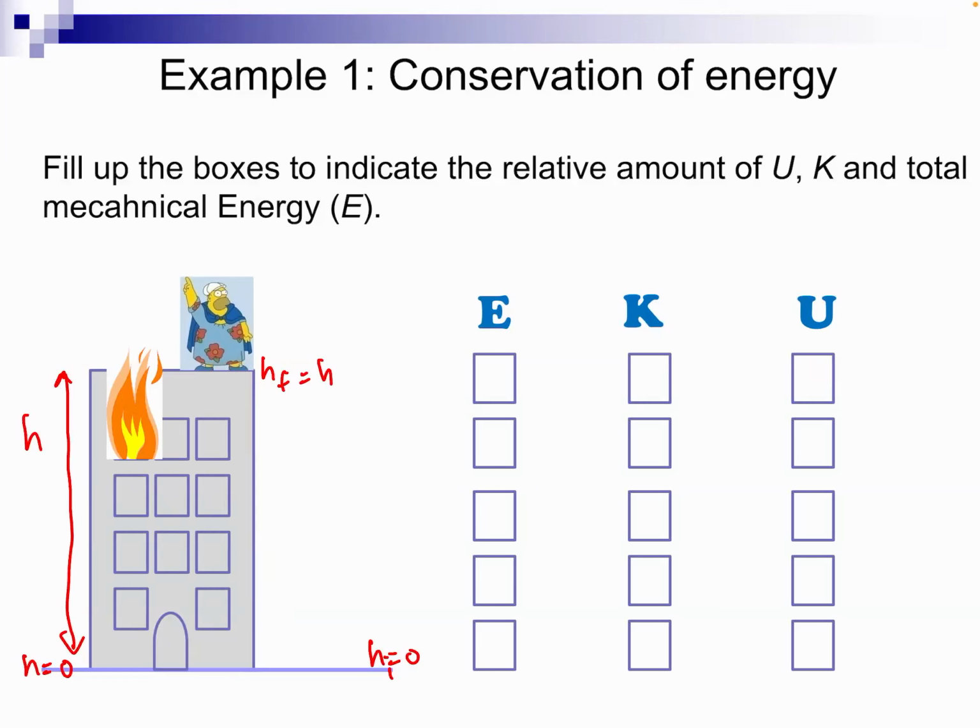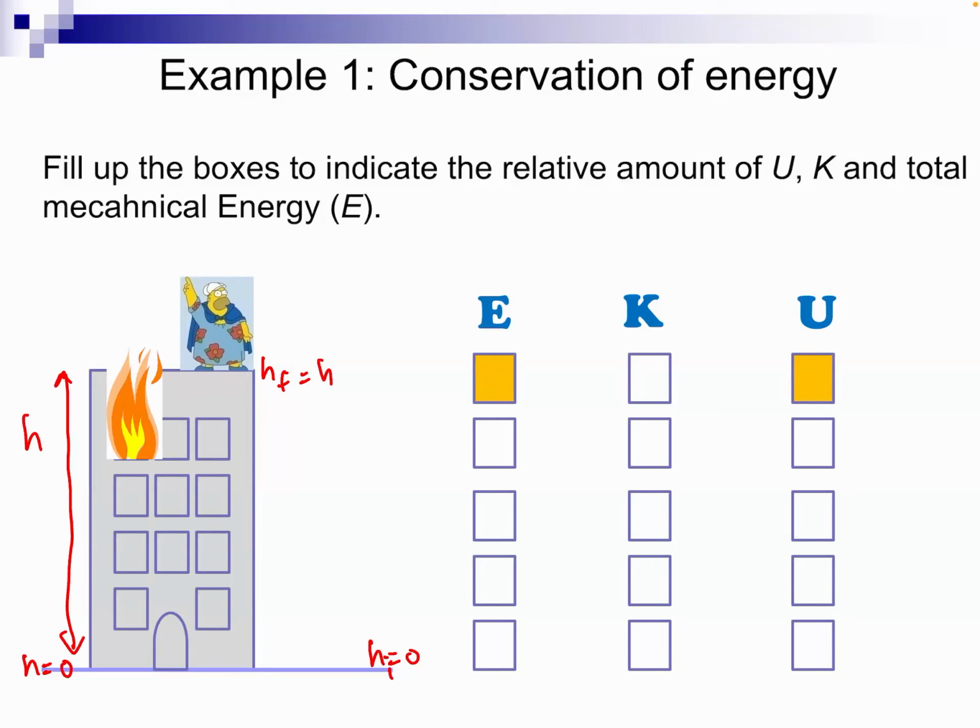Zero kinetic, he's not moving, he's just thinking. How about his potential energy? Should be some maximum value, right? So his potential energy will be some maximum value. He has zero kinetic energy. His total energy is purely potential energy, right?